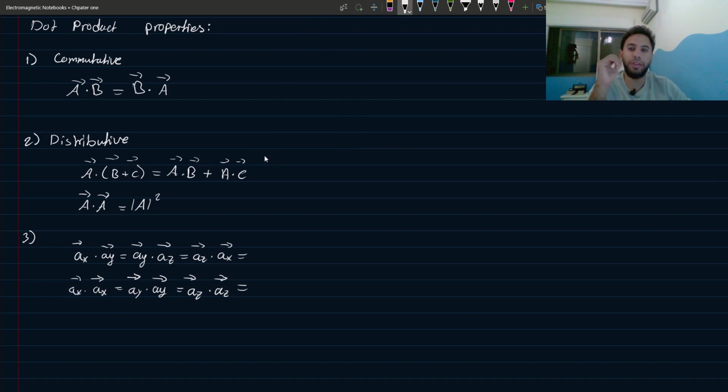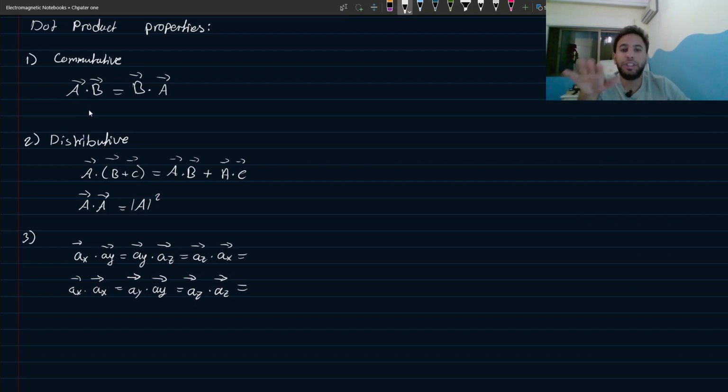Now, the dot product properties. Luckily, the dot product is commutative, so the order of multiplication doesn't matter. If you multiply A dot B or B dot A, it will give us the same answer, even if we switch the order between the two vectors.